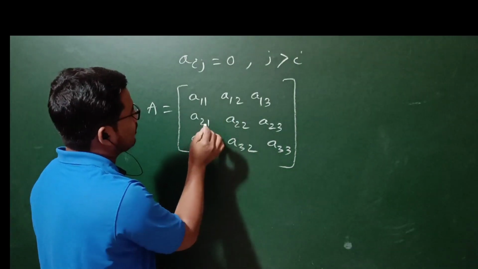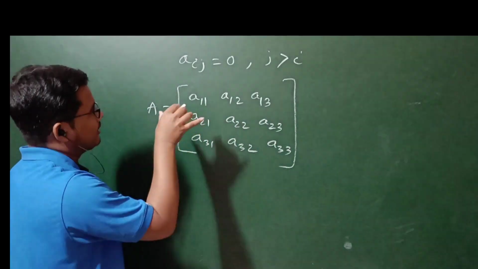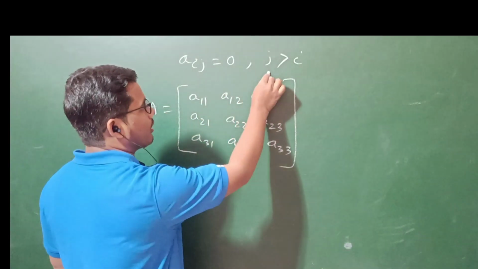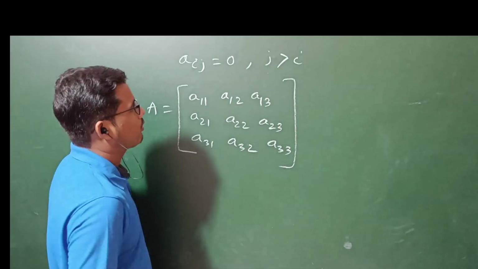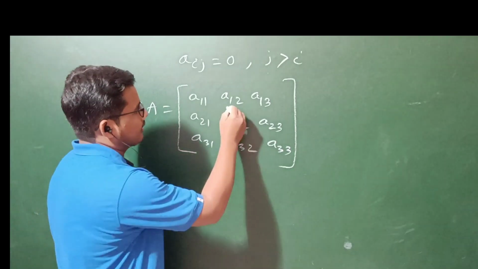Here, when j is greater than i, the element will be 0. That means when the column number is greater than the row number, the element will be 0.